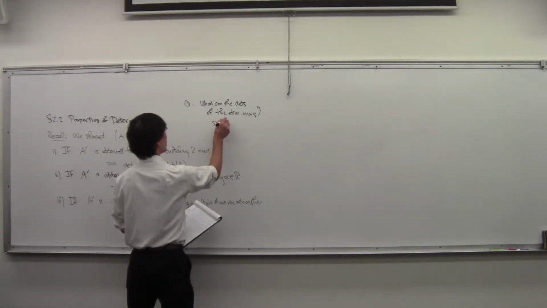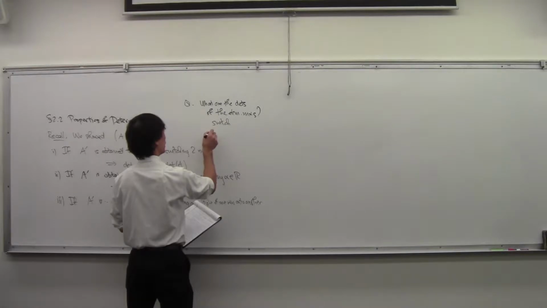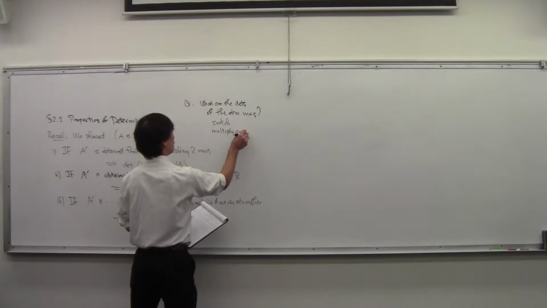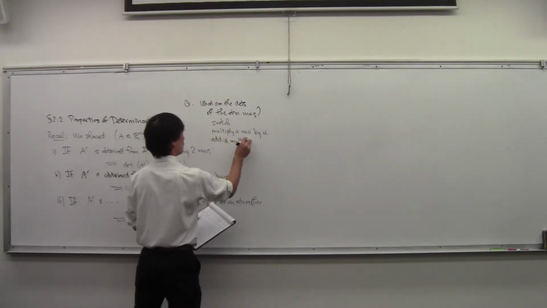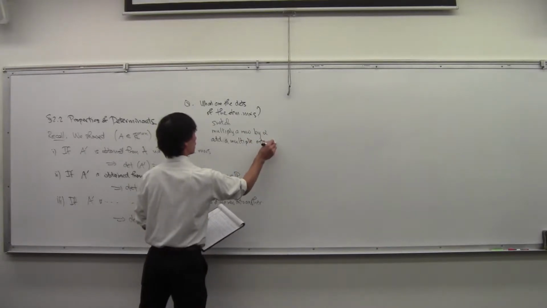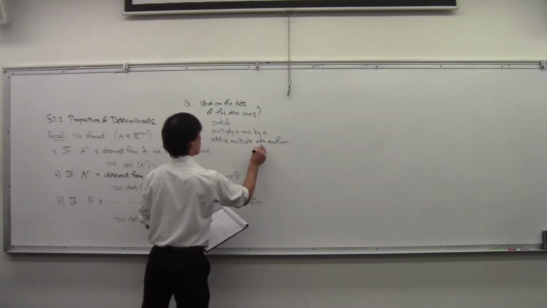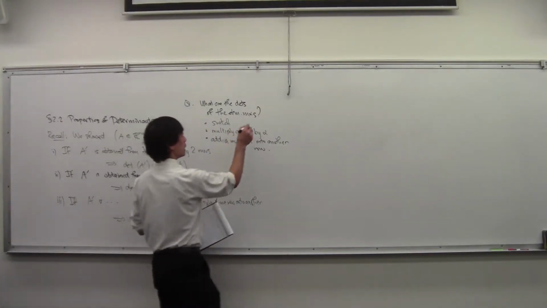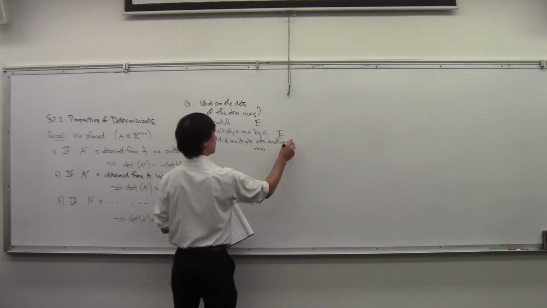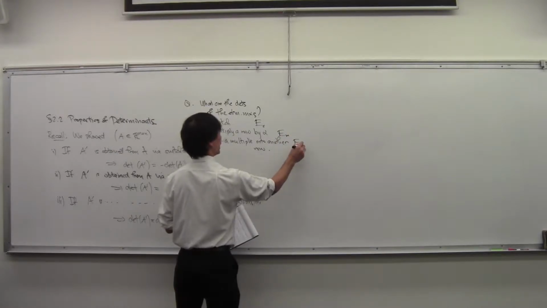There's a switch type, a multiply a row by alpha type, and an add a multiple of one row onto another row type. So there are these three elementary matrices. Let's call them switch, multiply, and add.